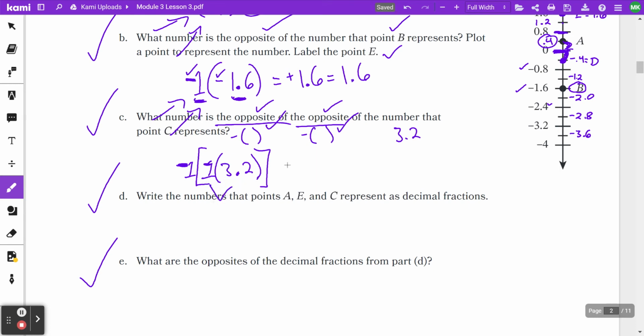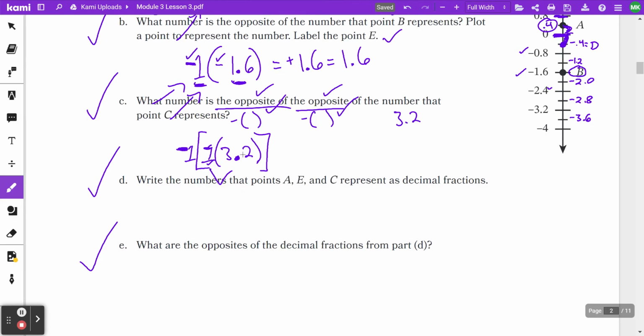So let's multiply the inside. We always multiply from the inside out when working with parentheses. So this 1 times 3.2 gives me 3.2. A negative times a positive gives me a negative. Okay, so I'm done with everything inside here. So now I'm going to downgrade this parenthesis. I don't want to use that big old parenthesis anymore. I have no need for that.